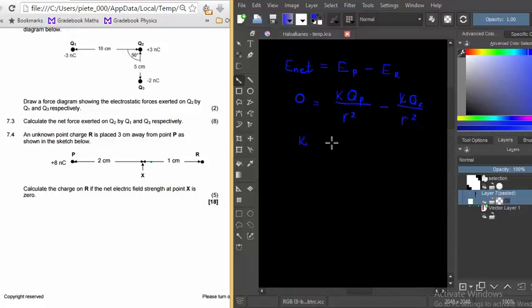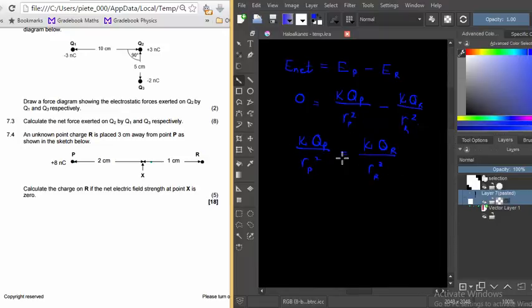So I want KQP divided by r squared, well not r squared, let's call these different r's, they're different values. So let's call the one rP and the other one rR, just so that we don't get confused. So rP squared, and in the end all we want is that KQR over rR squared.